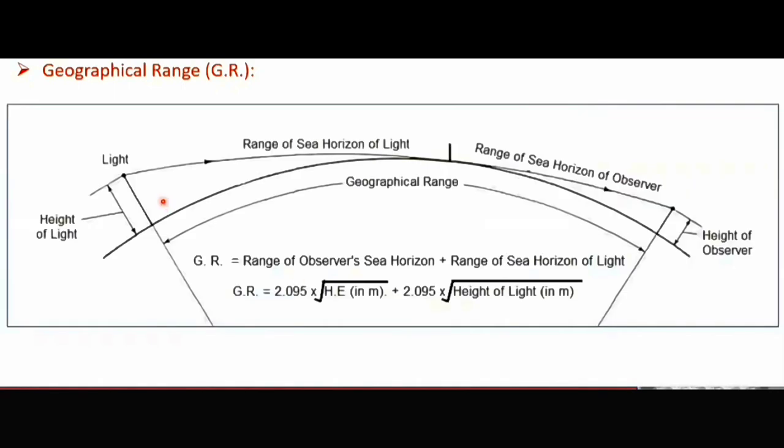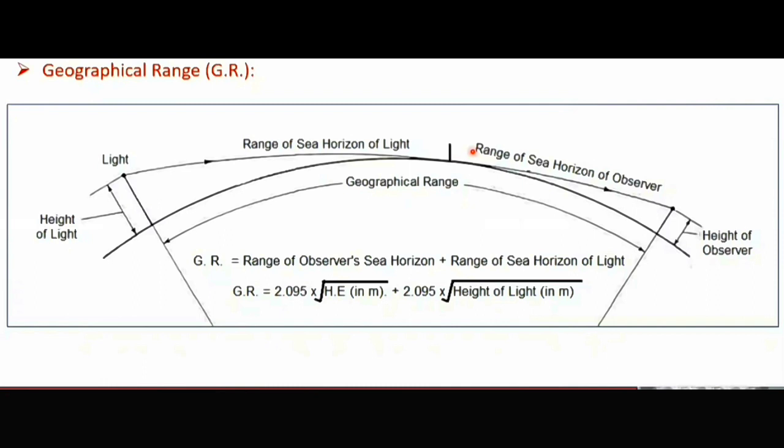As you can see in this diagram, we have a light of this much height. Now it has its range of sea horizon, which is this much distance. What does it mean? It means that if there is an observer at sea level, the maximum distance at which the observer at sea level can see this light would be this much.